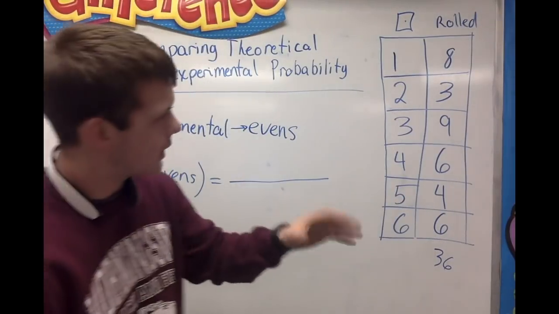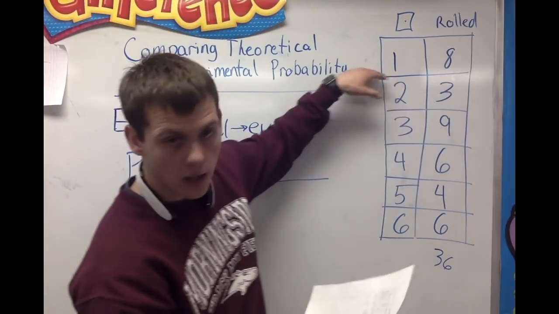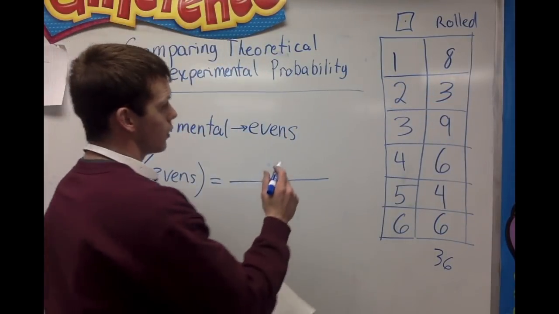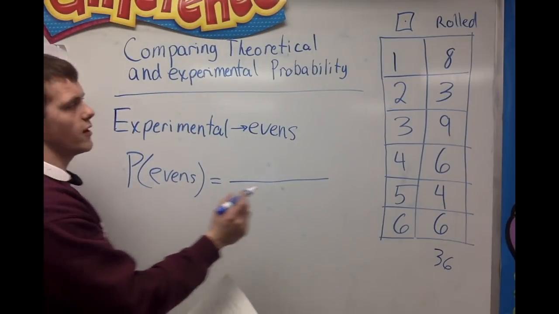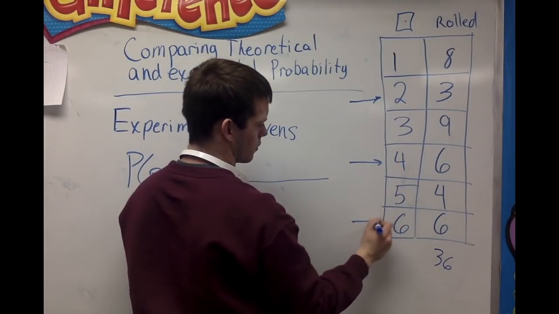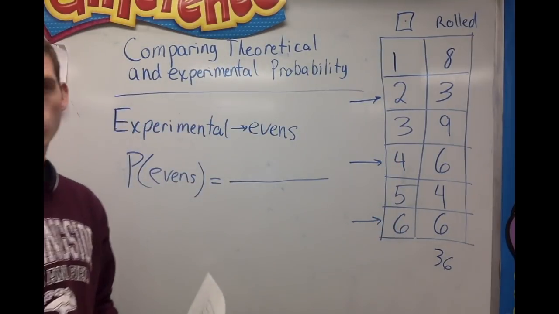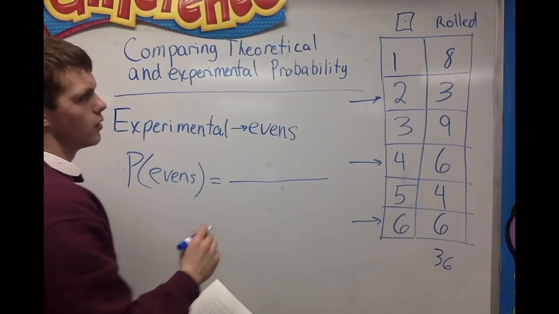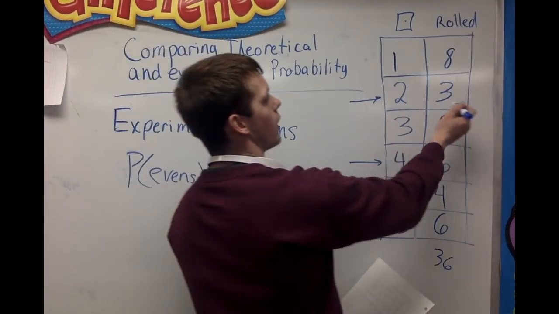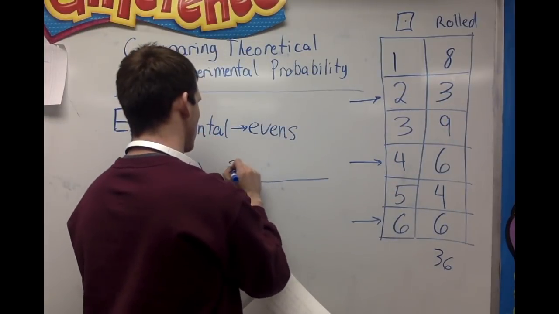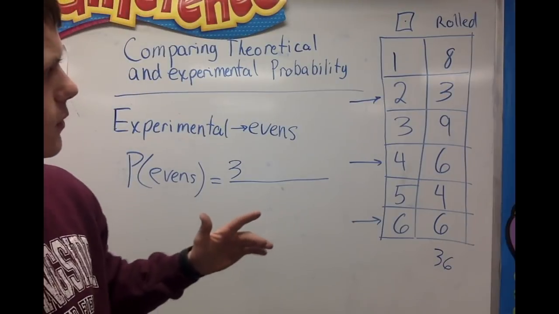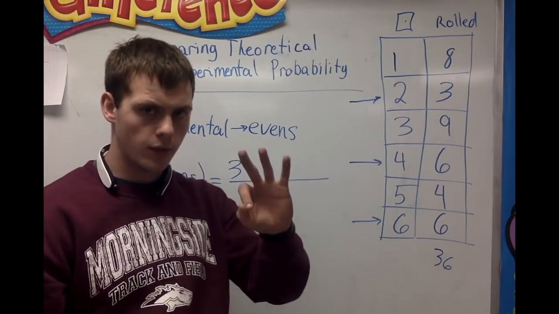So we rolled the dice. These are the results that we actually got when we rolled the dice. We're looking for even numbers, so identify the even numbers. And we're looking for what they actually rolled. For a 2, we actually rolled a 2 3 times. Out of our 36 times, we only rolled a 2 3 times.